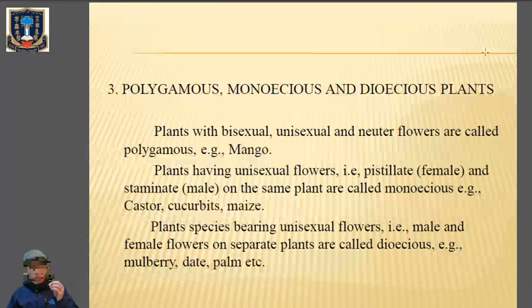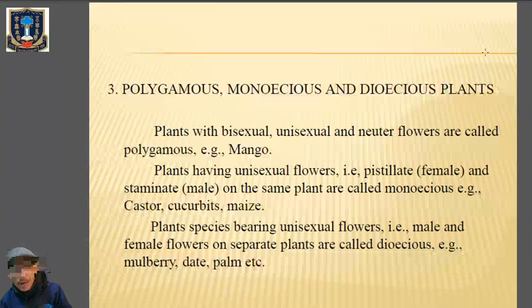Now what is a monoecious plant? Plants having unisexual flowers, that is pistillate and staminate. Pistillate means female part of flower. Just break the word, pistil. Flowers with pistil are called pistillate, that is the female flower, and staminate, stamen. So don't get confused. Pistillate, we find pistil, the female part of a flower.